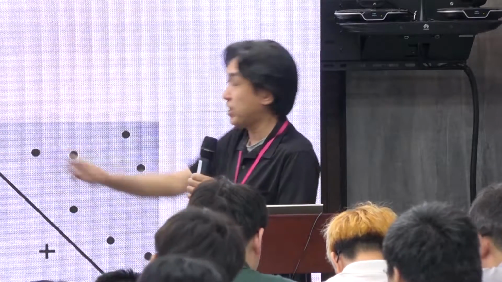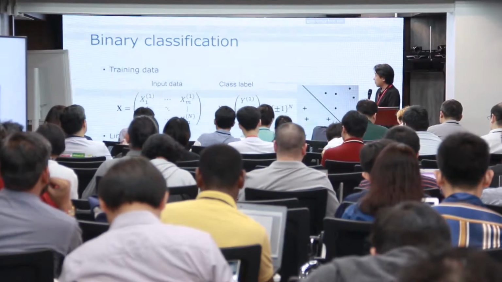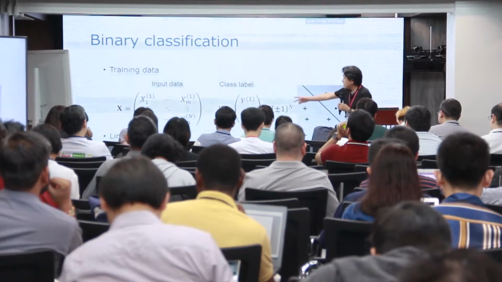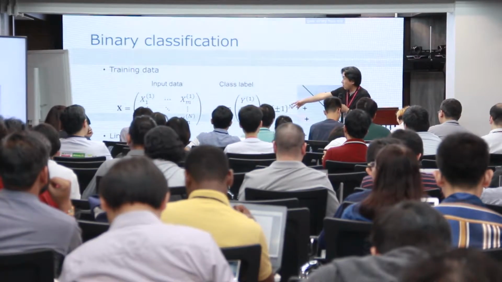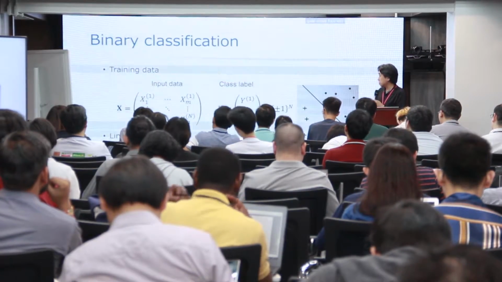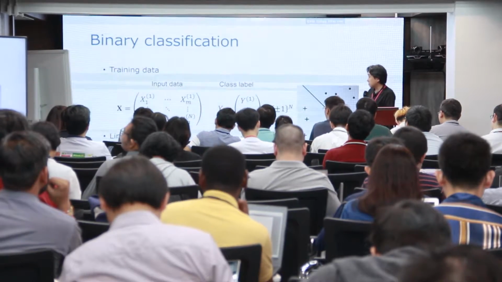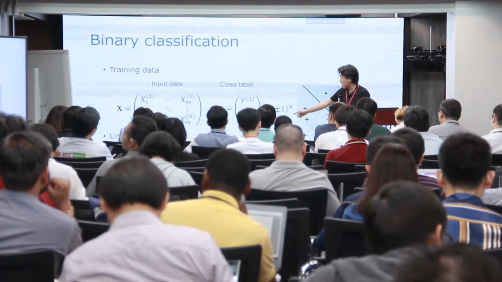And for simplicity, I consider the m-dimensional Euclidean space, and we have n data. In binary classification, we have a class label for each data vector, and it is represented by +1 or -1.